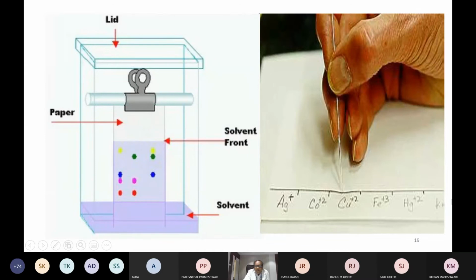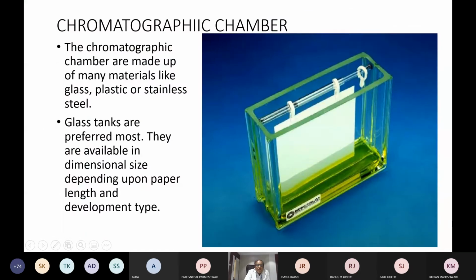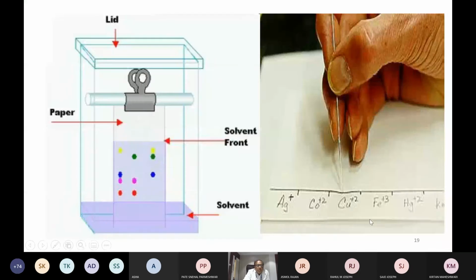So this is how the samples are run. This is the chamber.